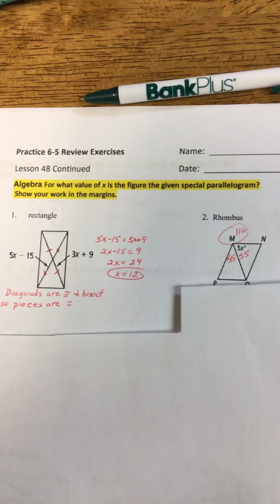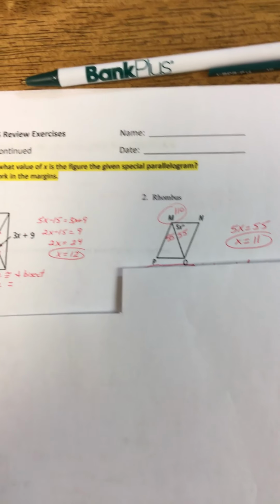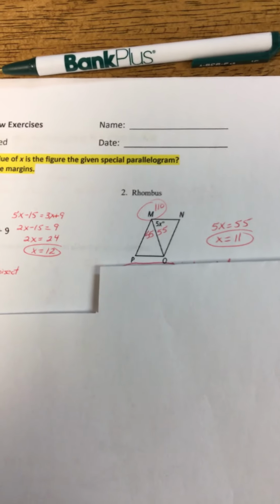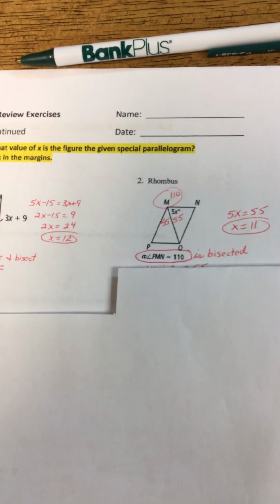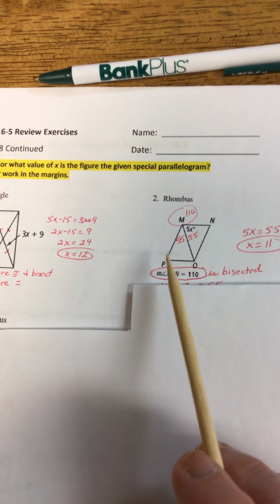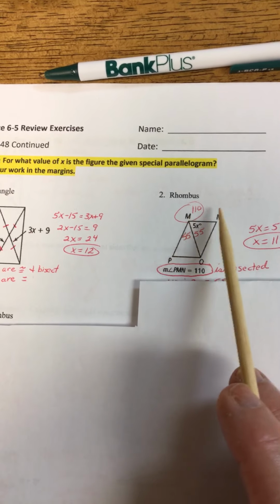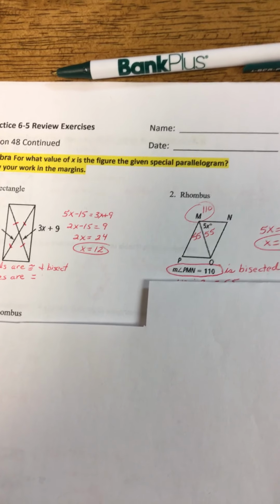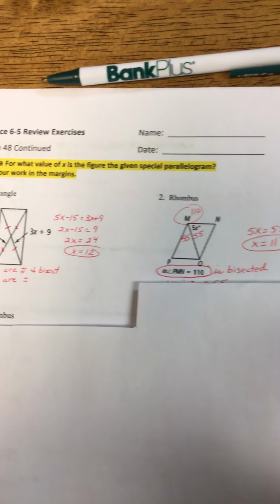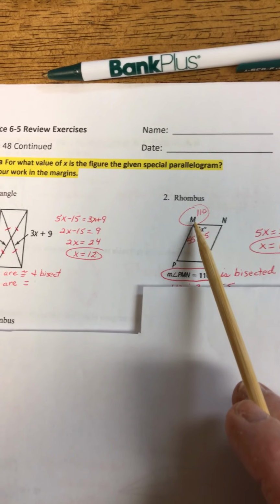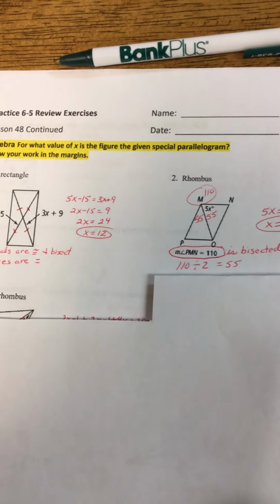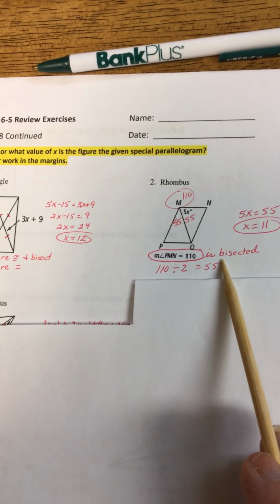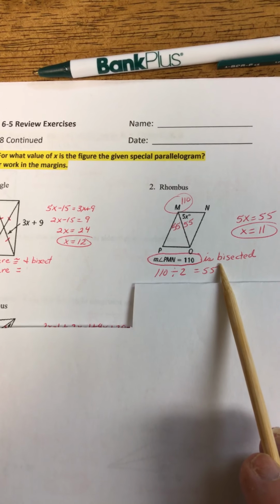In my next figure, I have a rhombus. When I looked at it initially, I was like, what am I supposed to do? But then I looked down here and they're telling me this angle PMN measures 110. So I put that up there so I wouldn't forget it. In a rhombus, one diagonal bisects that angle in the original rhombus.